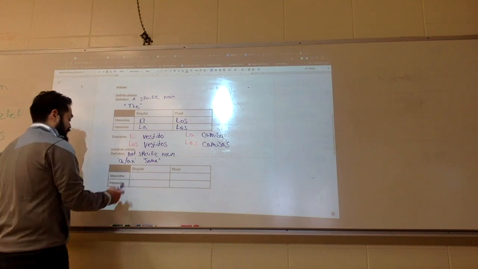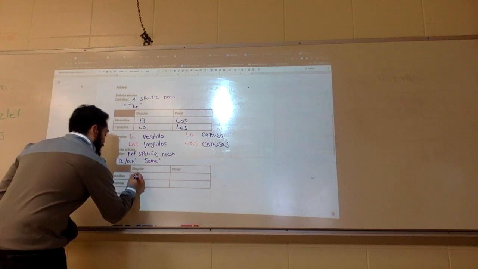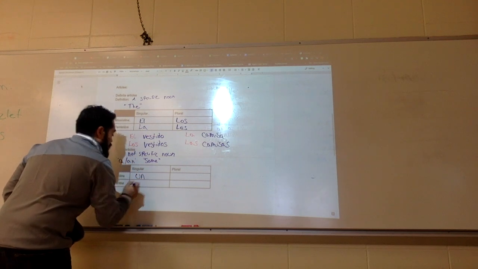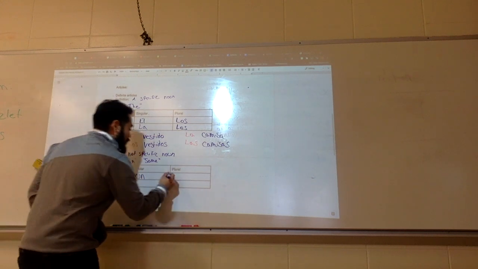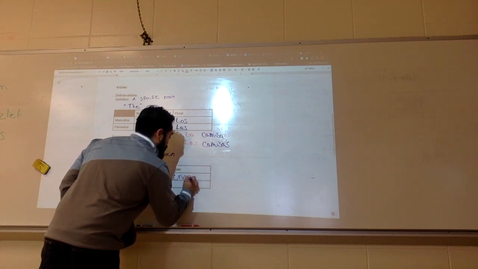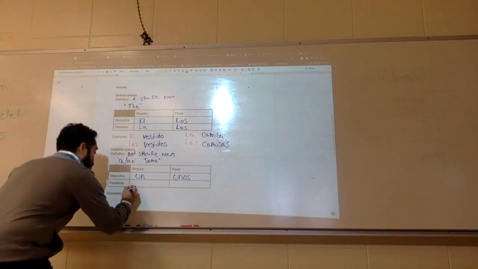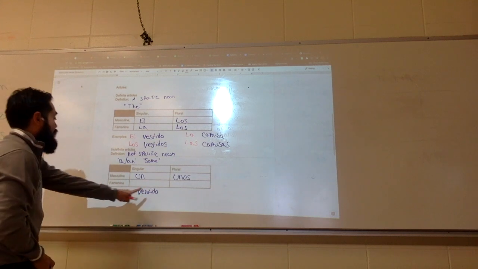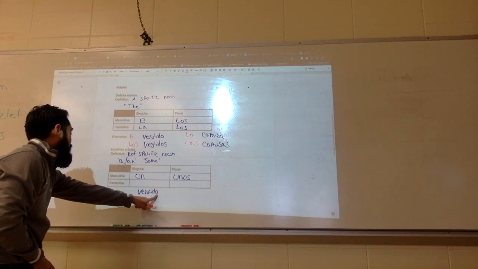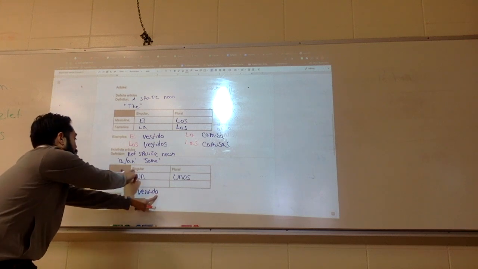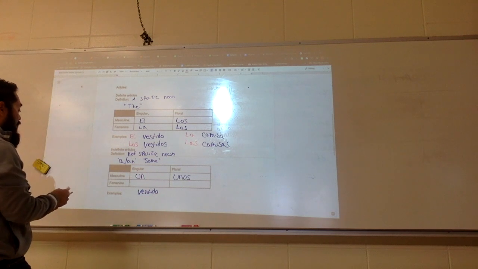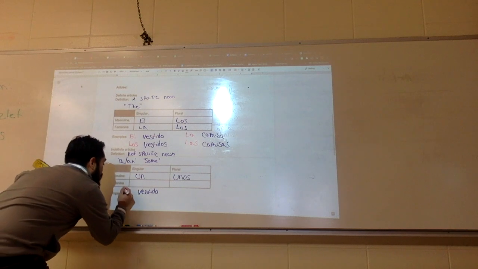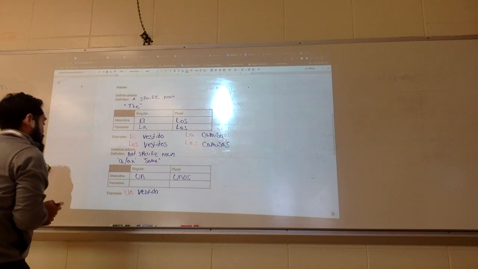So if something's masculine singular, I say un. If it's plural, I say unos. So again, let's stick with vestido. Vestido. Masculine because it ends in an O. Singular because there's no S. I would say un vestido.